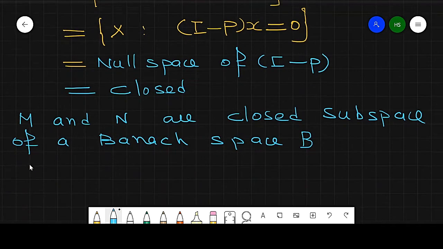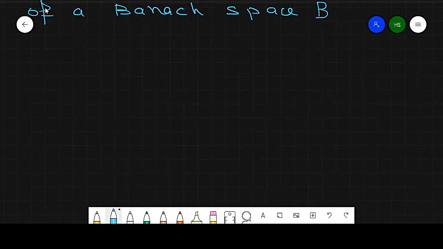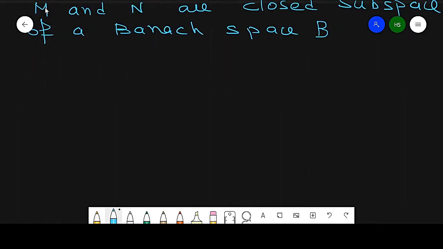In this way we can prove that if P is a projection, then it satisfies the given condition.